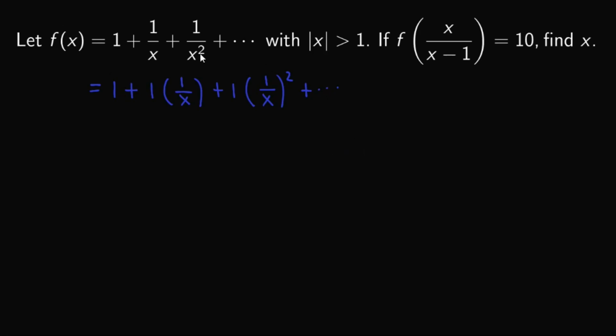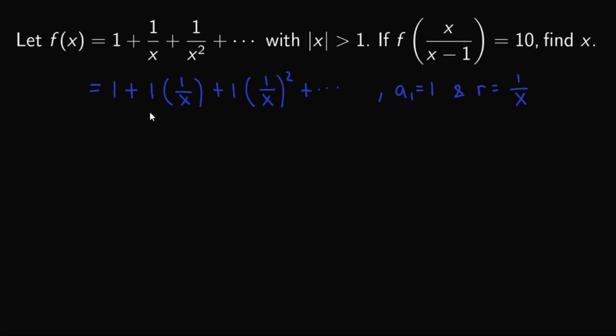So clearly, this is an infinite geometric series with first term given by 1 and common ratio given by 1 over x. So now that we know this, what do we do next?